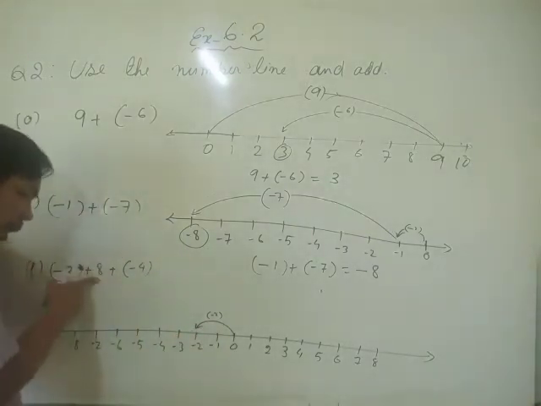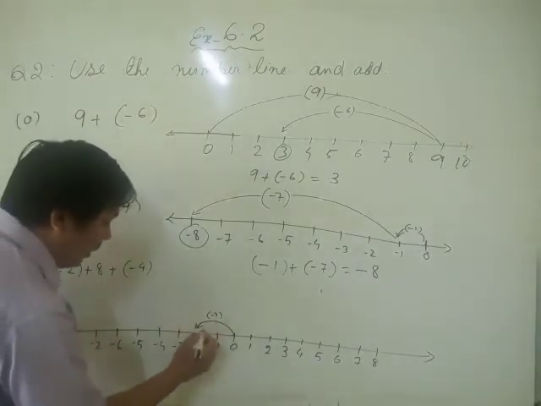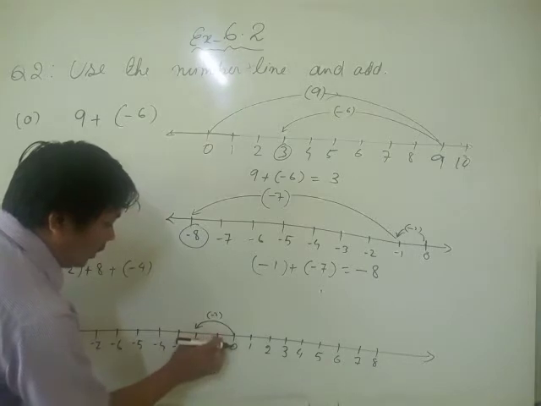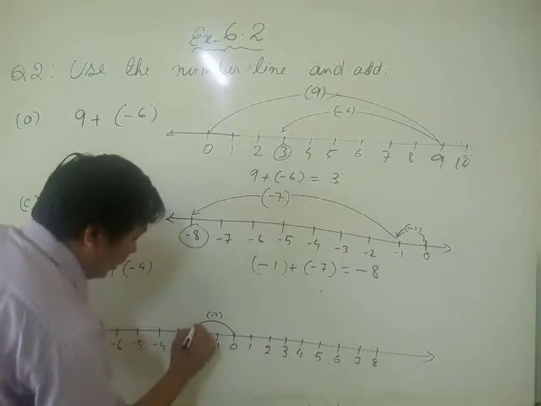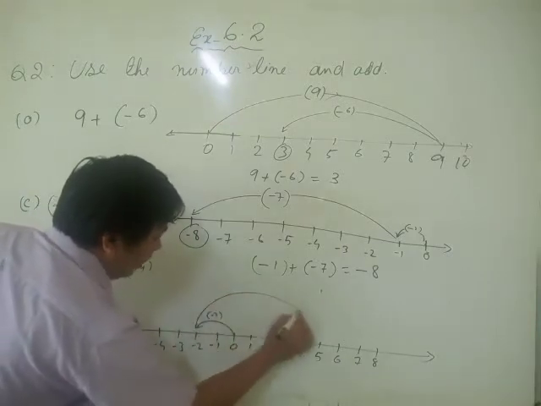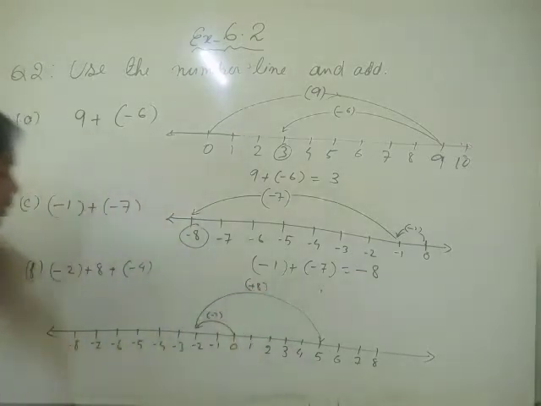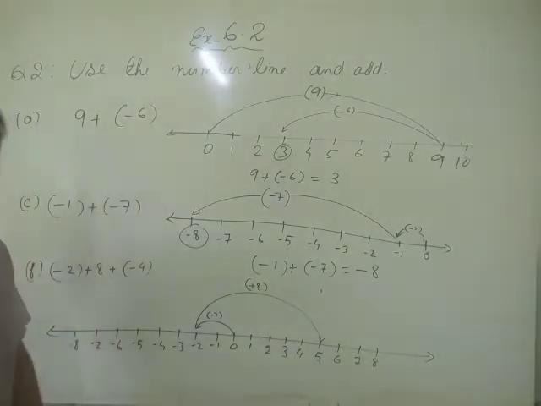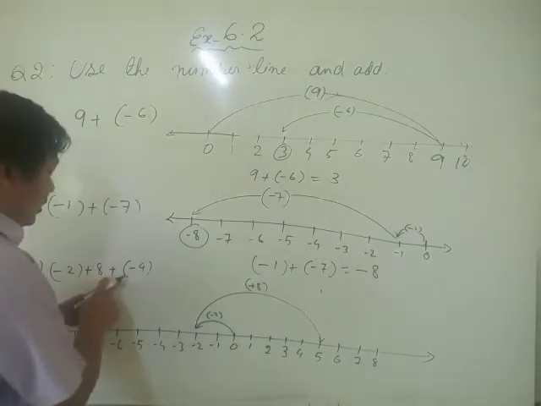Okay. Then from here, you have to add 8 to this number, so we have to move 8 points to the right side. So from here 1, 2, 3, 4, 5, 6, 7, 8. That means from here to here is plus 8. Then here again plus minus 4.